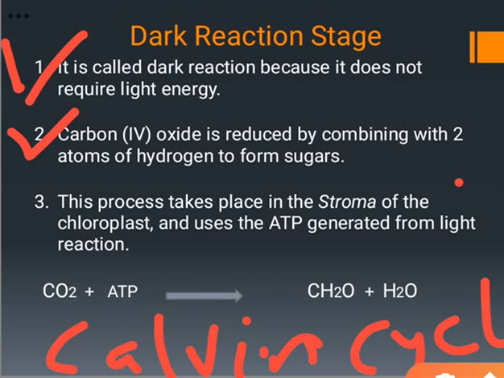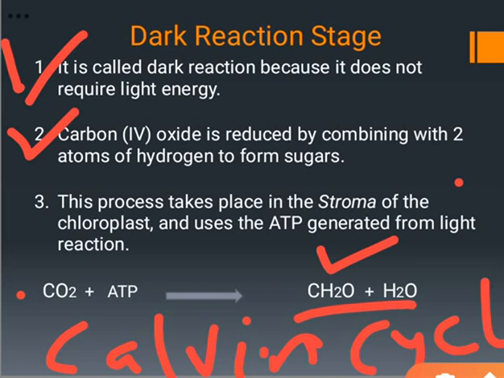Now, the reaction that takes place in the dark stage is illustrated below. The carbon dioxide takes up ATP, which was produced in the light reaction, and it is used to form the carbohydrate. So the CH2O is the carbohydrate. The CH2O is the carbohydrate, and is the simplest unit of carbohydrate.